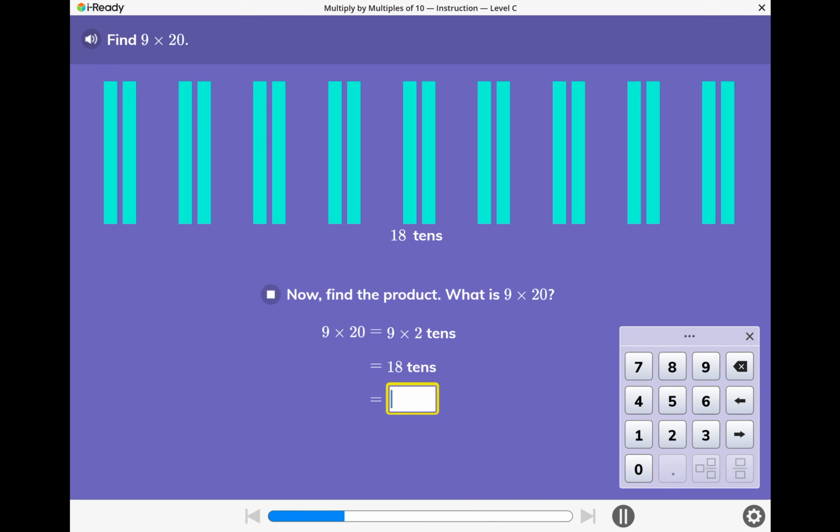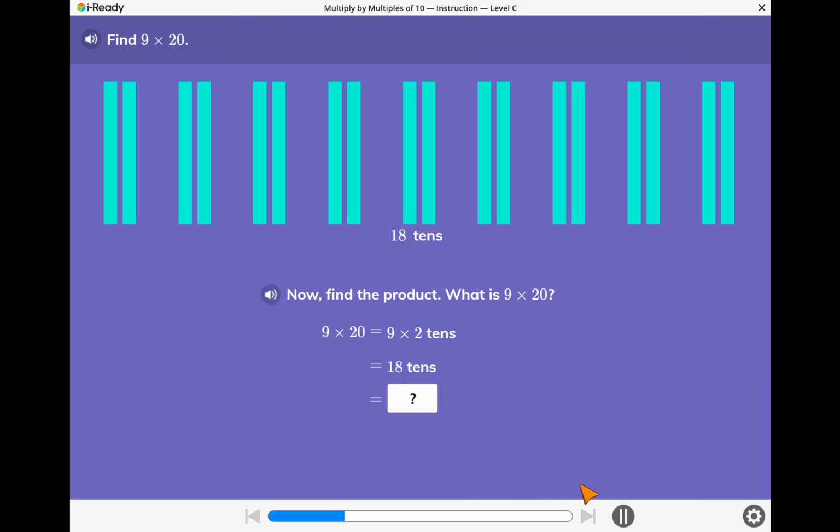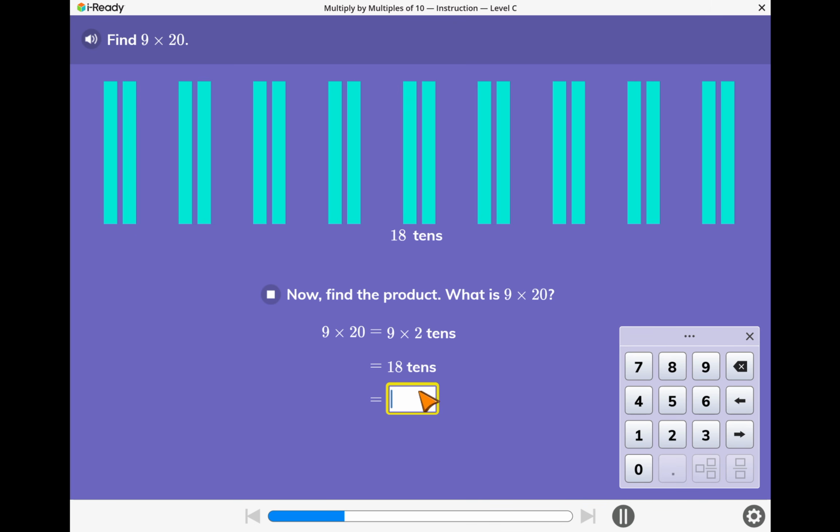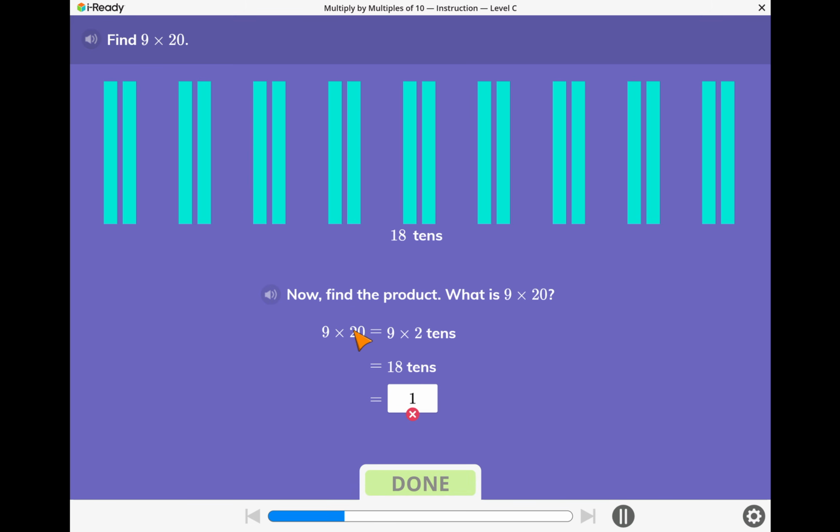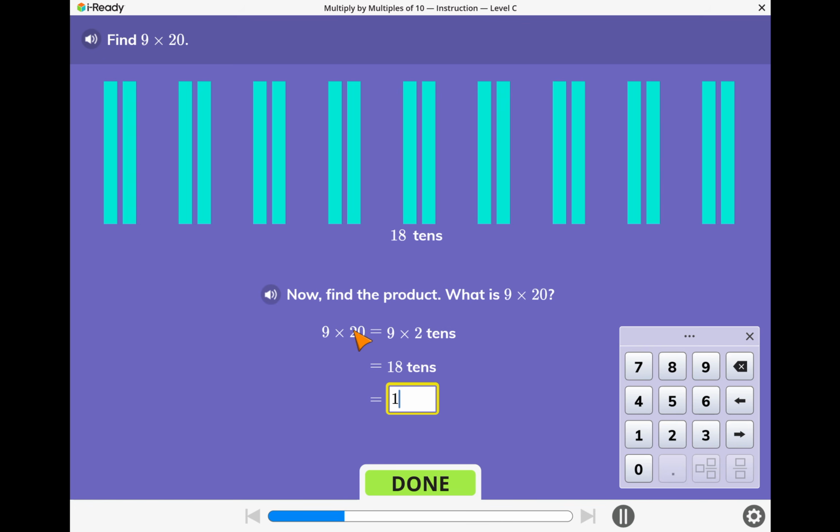Now, find the product. What is 9 times 20? Remember, 10 tens is 100. What is 18 tens?